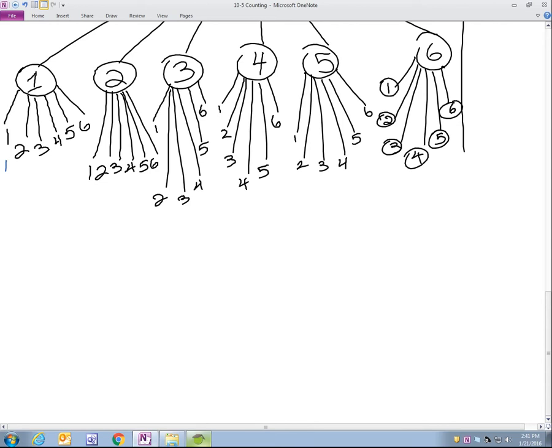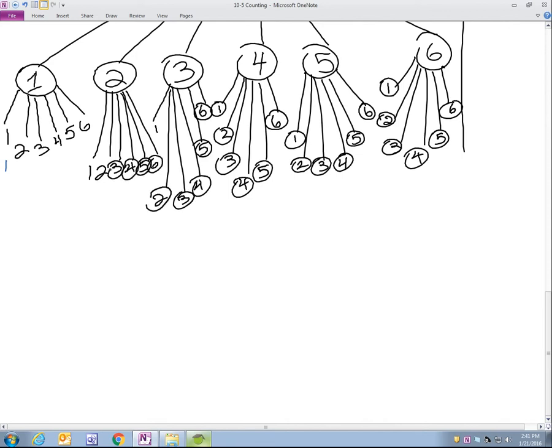So I just circled 6, 7, 8, 9, 10, 11, 12, 13, 14, 15, 16, 17, 19, 20, 21, 22, 23, 24, 25, 26, 27, 28, 29, 30, 31, 32, 33, 34, 35, 36. 36.